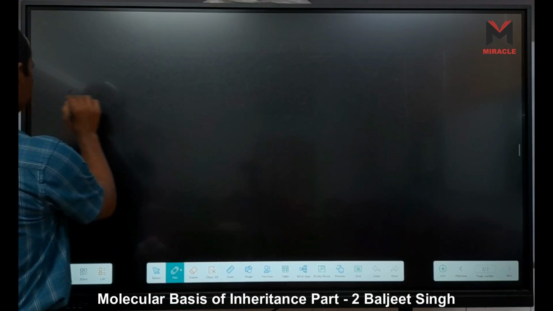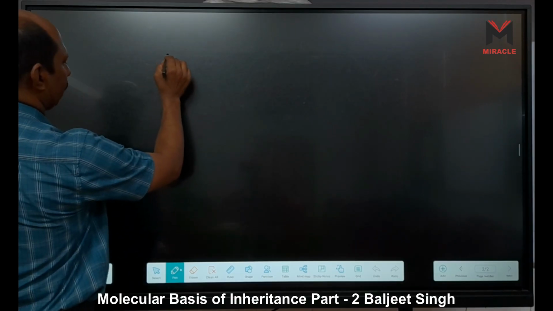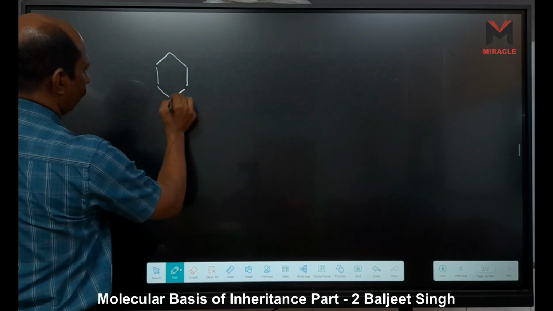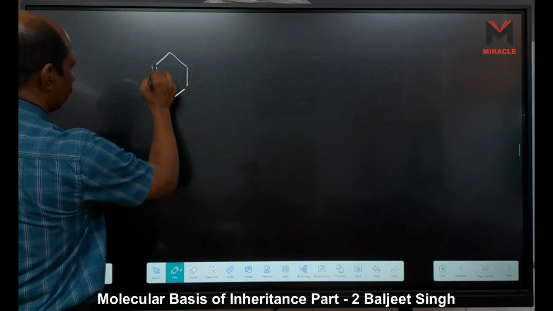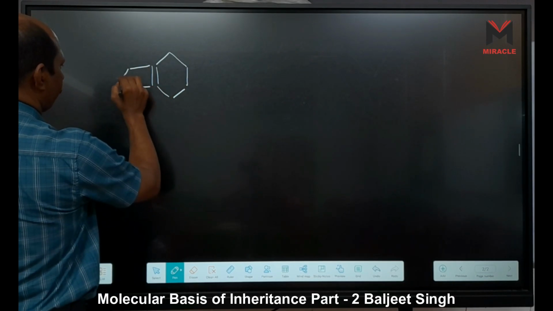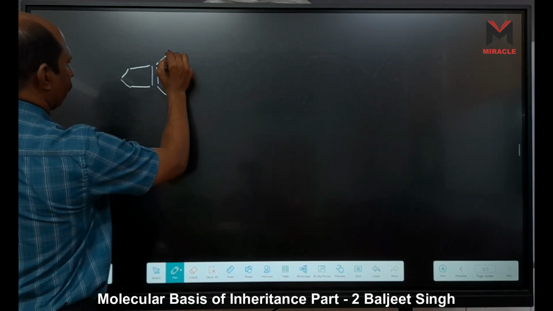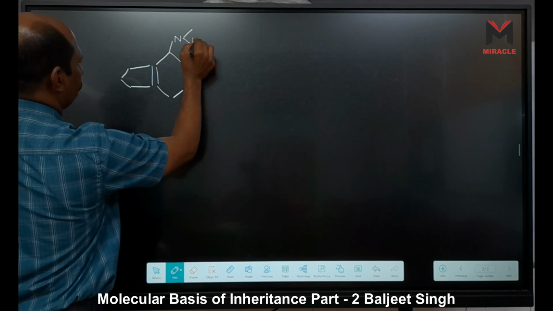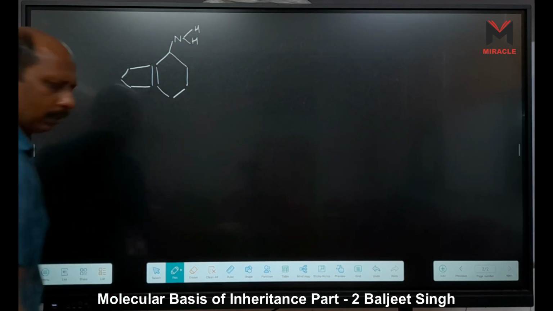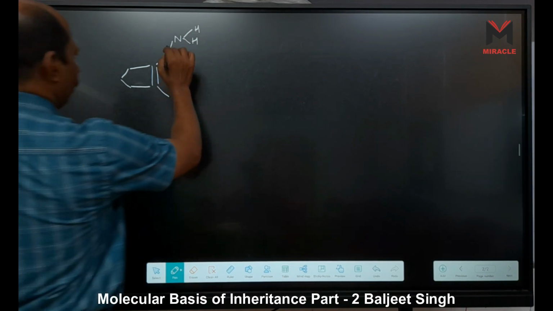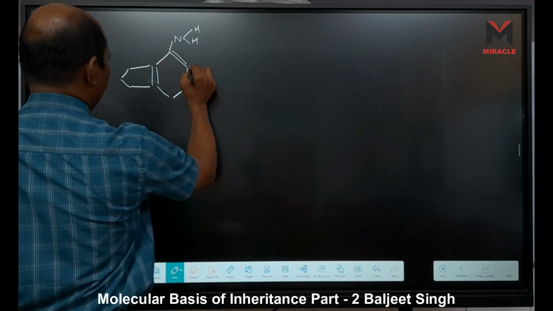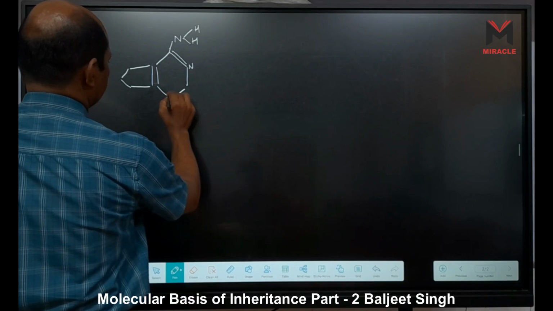Look here, suppose that it is an adenylate acid. I draw here only the specific structures, not a detailed structure, but the parts responsible for this. We should write NH2 here, because here NH2 is there, carbon 1, 2, 3. We need one more, that is N. Okay, this side N is there.